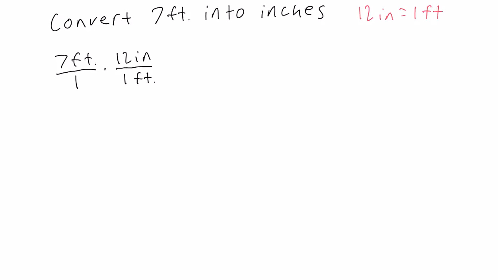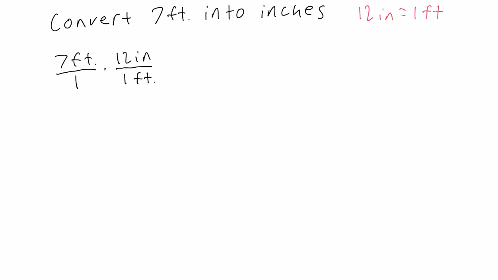The reason we do it that way is whenever you're multiplying fractions, if you ever have anything that's diagonally across from each other, those things can always cancel out if they are the same. So we have feet here and feet here.